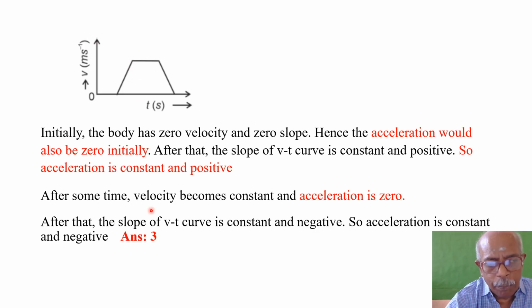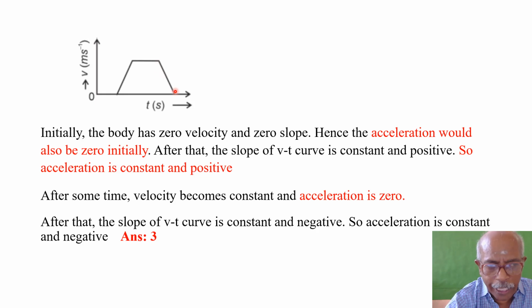The velocity becomes constant, from this point to this point. So velocity becomes constant. That means what? For constant velocity, acceleration is zero. If you differentiate a constant, you will get zero. So acceleration is zero. After that, the slope of Vt is constant and negative.